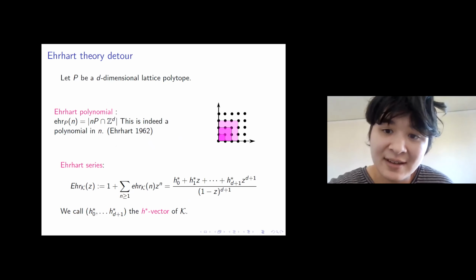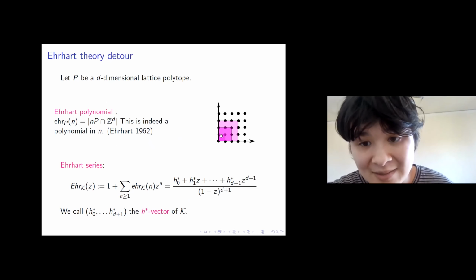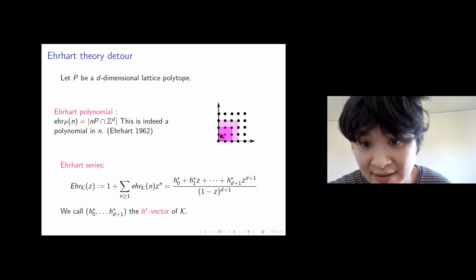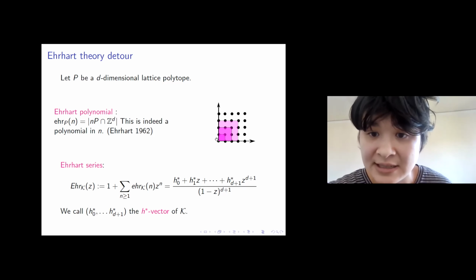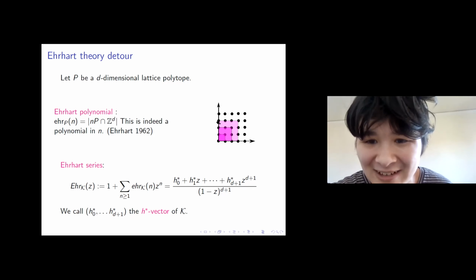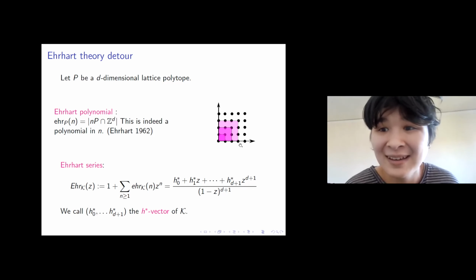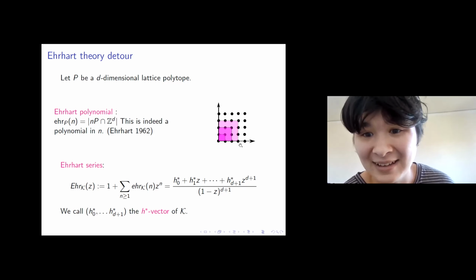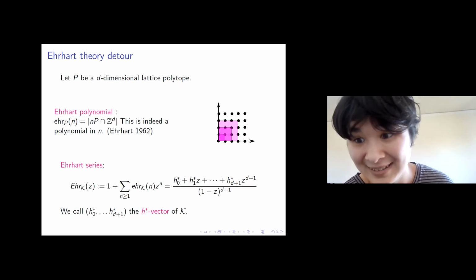I'm interested in counting the number of lattice points in that polytope, but I'm also interested in how that number changes when you dilate the polytope. For example, for this square, there are 4 lattice points, but if you double it, then there are 9 lattice points. If you triple it, there are 16 lattice points. And you can see that there is a polynomial that gives you 4, 9, and 16.